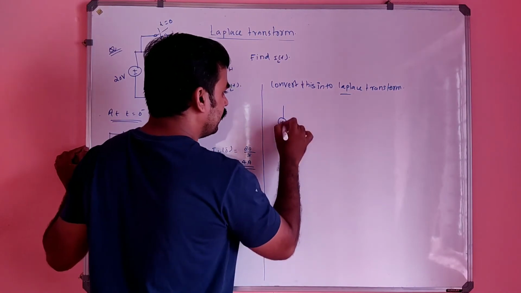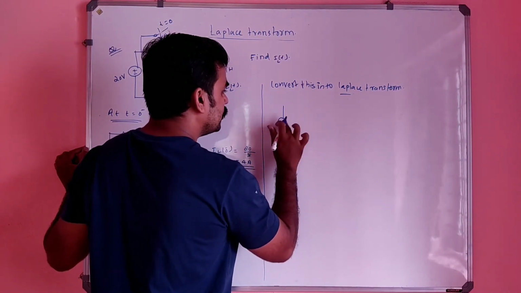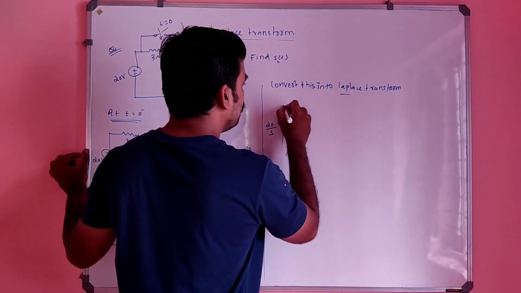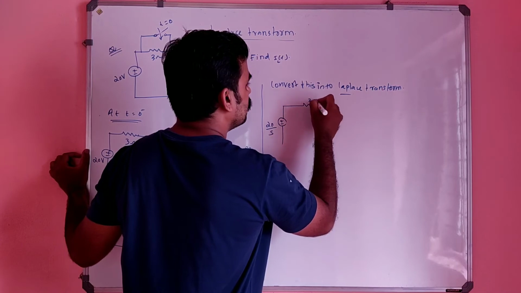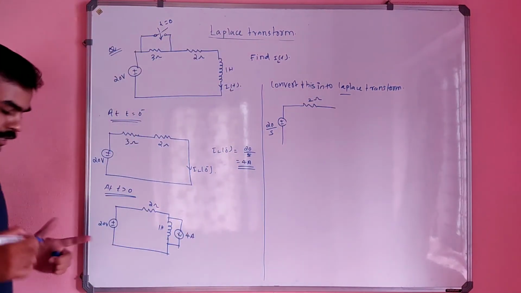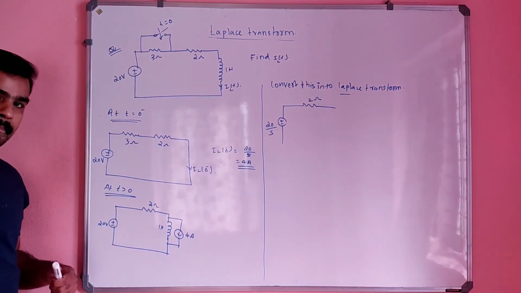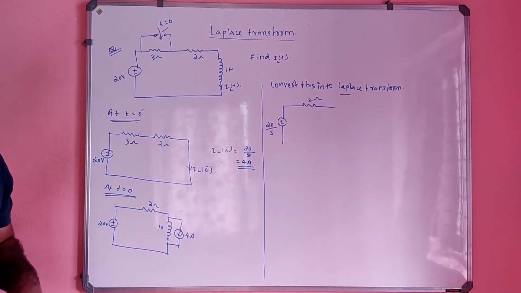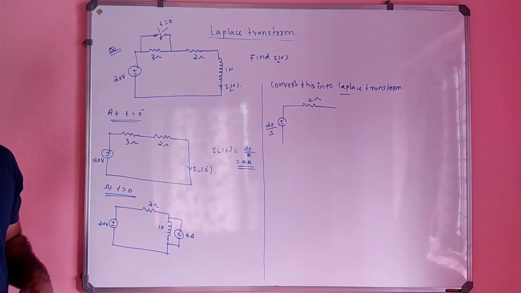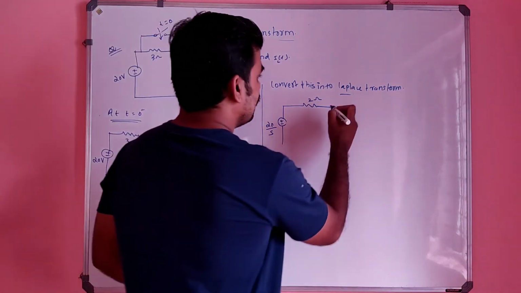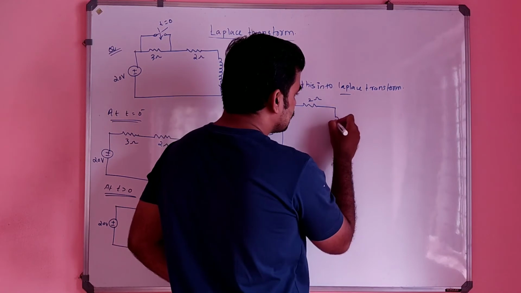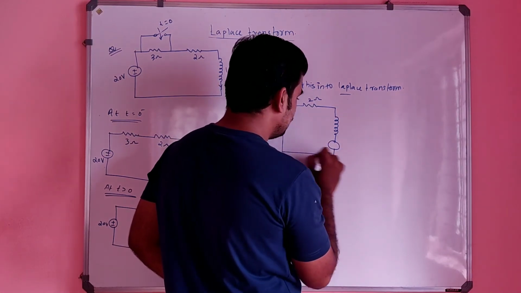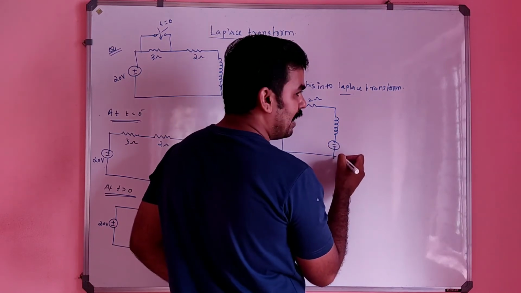The 20 volt will become 20 by S. The 2 ohm will remain 2 ohm, no change in that. And the inductor in the time domain will be converted into the Laplace domain as the same inductor with a voltage source, like this. And the voltage source value will be what?